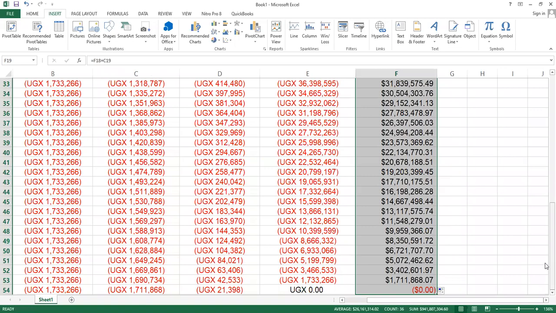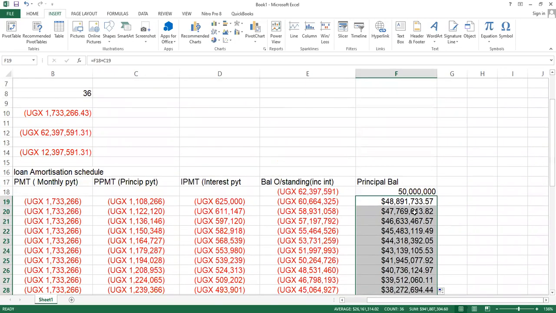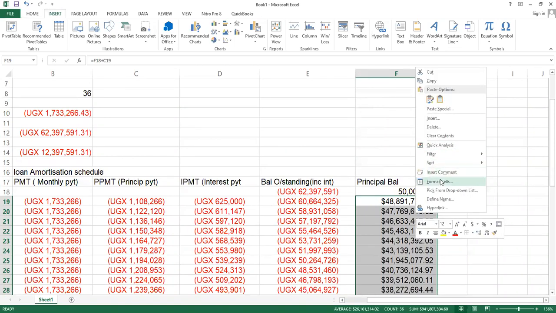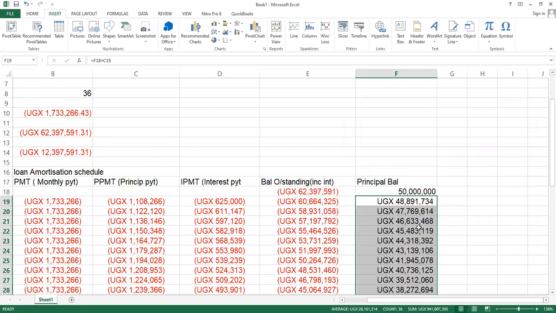I can even format these ones, because you see these are dollars. So this is UGX. I can even remove the decimal points.